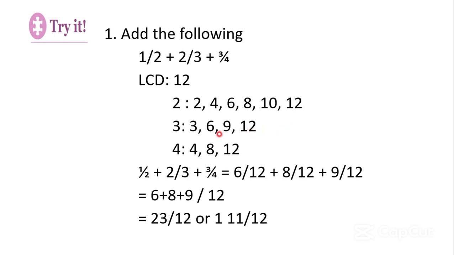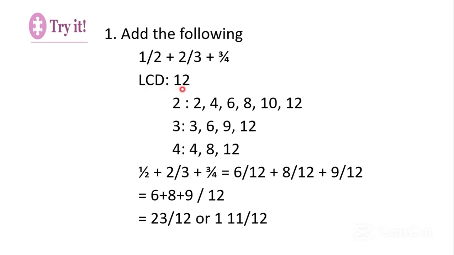And for 4, adding by 4. 4 plus 4, 8 plus 4, 12, and so on. I stopped here because the 3 denominators have a common multiple already, which is equal to 12. That is the least one. So that is why the LCD is 12.